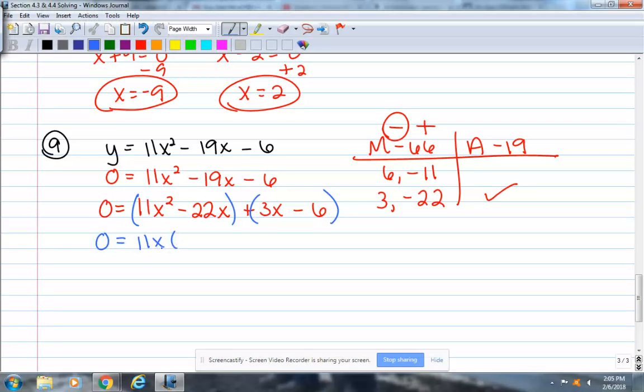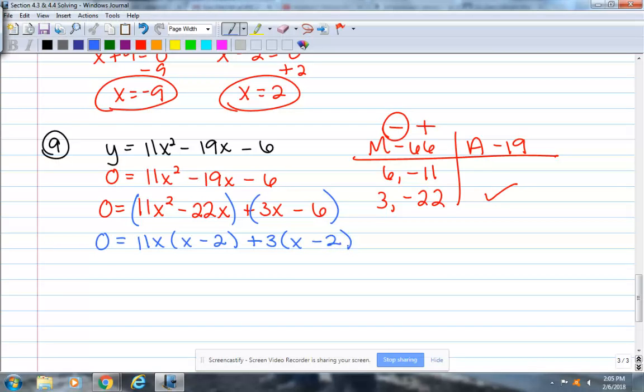Parentheses, what times 11x makes 11x squared? Minus 2, good. Plus, what's my GCF in my next group? 3. Parentheses, what times 3 is 3x? Minus what times 3 is negative 6? 2.